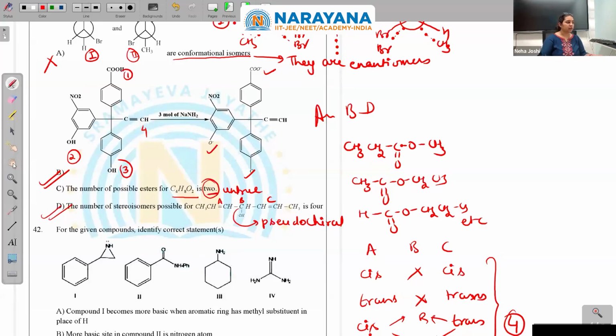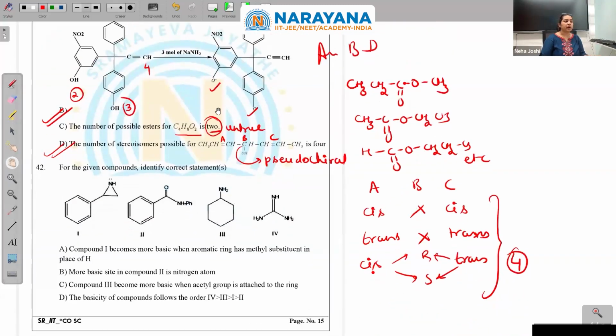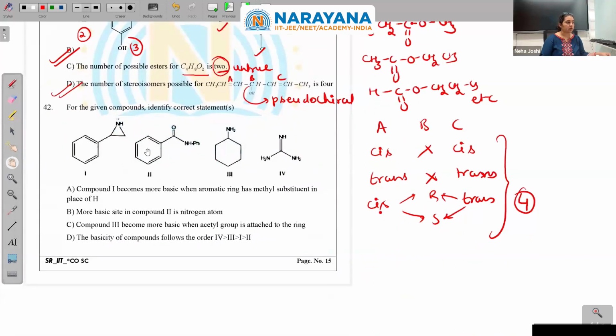Okay. Moving further. For the given compounds, identify the correct statements. Compound 1 is more basic when the aromatic ring has a methyl substituent. Yes, if I have a methyl substituent, it will be more electron releasing, ultimately making it a better plus I group and more basic. The more basic site in compound 2 is the nitrogen atom. That is false because the more basic site will be the oxygen atom. So this is not true. Compound 3 becomes more basic when an acetyl group is attached to the ring.